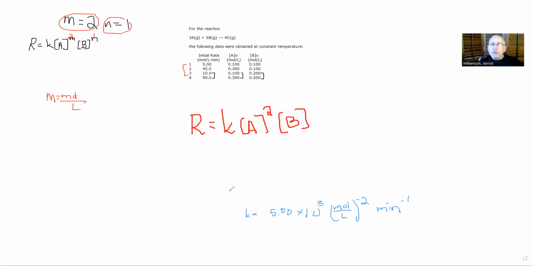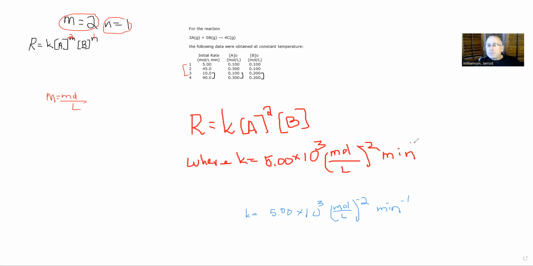I'm not going to put the 1 here. You could put the 1 if you want to at this beginner stage. We don't normally put the 1 because it's understood. Where K is equal to 5.00 times 10 to the third moles per liter to the -2 minutes to the -1.